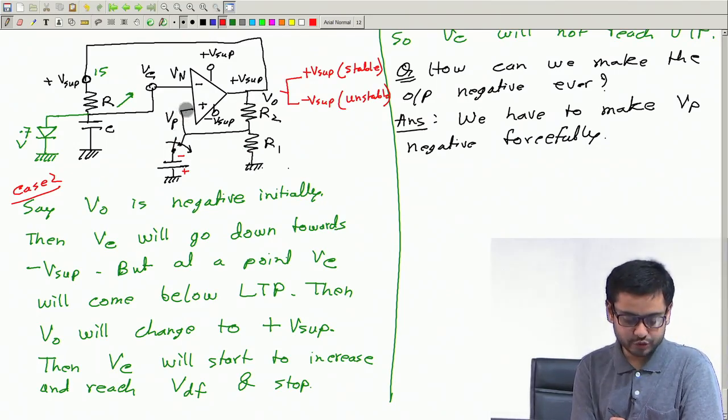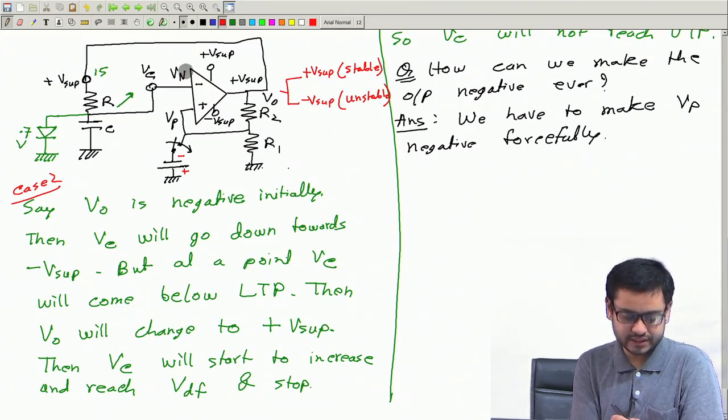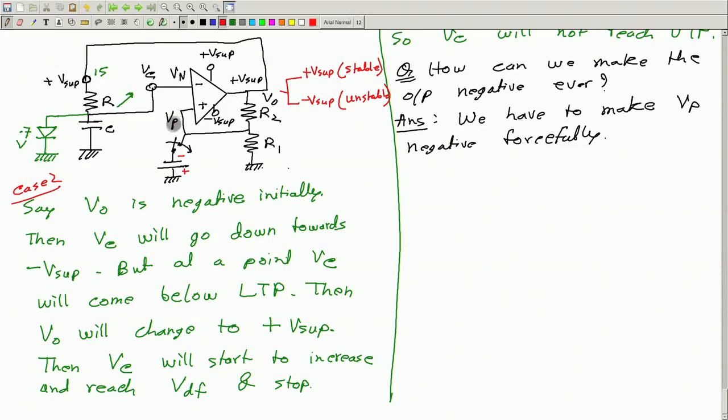So, this voltage will go to the negative value directly, and therefore, this can become lower than Vn. Okay. And say if Vn is 0.7 volt at some moment, and if you make this sufficiently negative, then Vp will be lower than Vn.